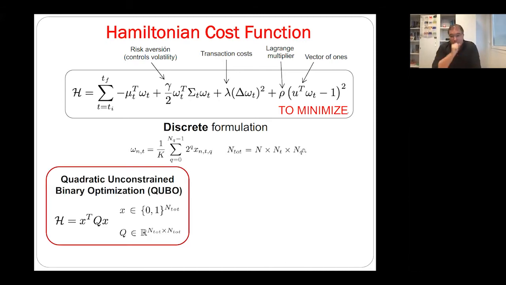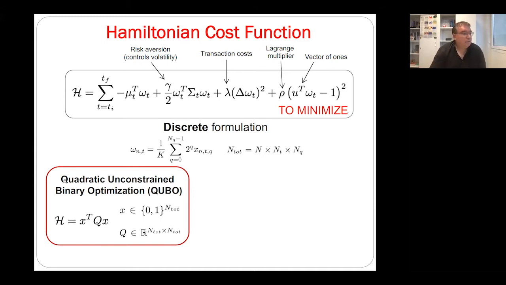All right. Now, if you pick up this discrete formulation and plug it into the formula up here, you end up with what the people in computer science call a quadratic unconstrained binary optimization problem. It's a formula that you have to minimize, and the variables are bit variables, either 0 or 1, all right?